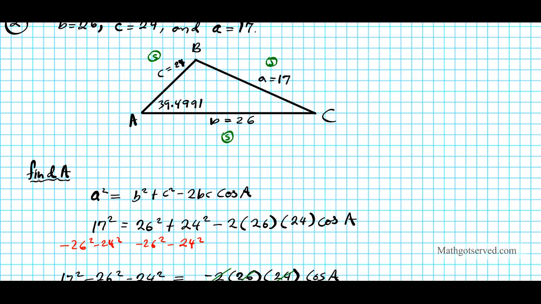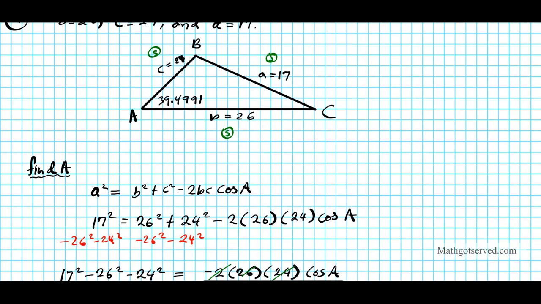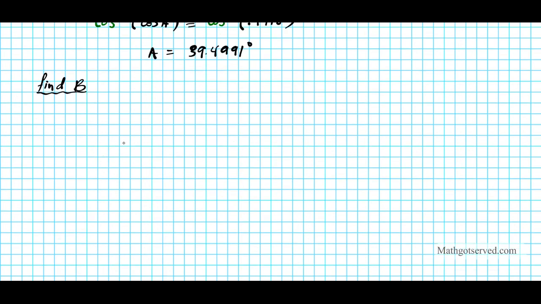So now we want to find angle B or angle C. Let's find B. In this case, we can use either the law of cosines or the law of sines. Okay, we have two choices here. We can see how long and involved the law of cosines was, so I'd rather use the law of sines for this one. So to find angle B, I'm going to go sine B over little b equals the other ratio I know, sine big A over little a.